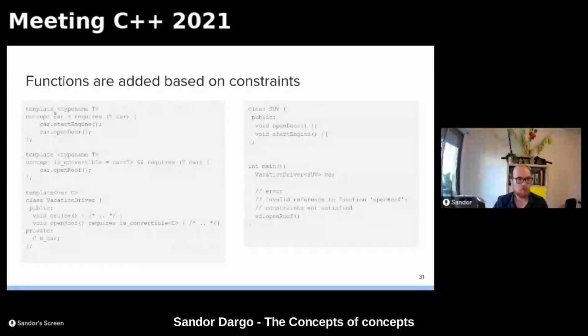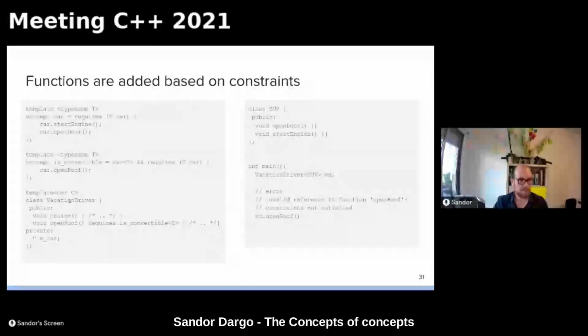I hope this is still readable on your screens, but here we have a simple concept car. It requires that a type that models the car concept has start engine and open door methods. And we have another concept which is based on the car concept in a sense that it uses it and adds some additional requirements, like if your car is convertible, then it should have an open roof method.